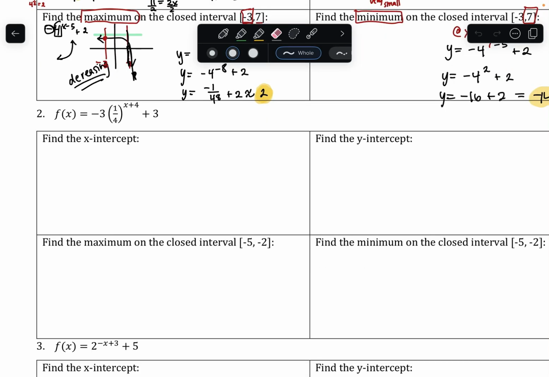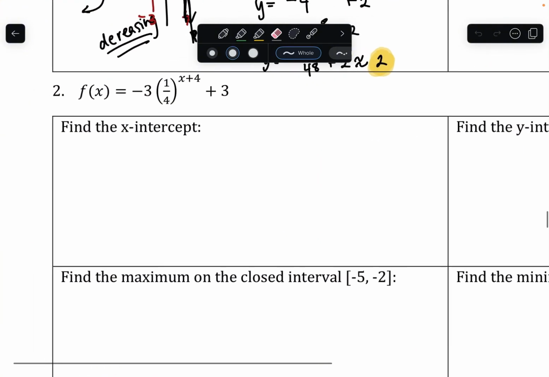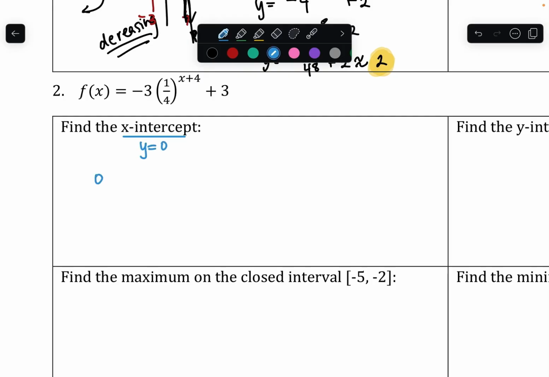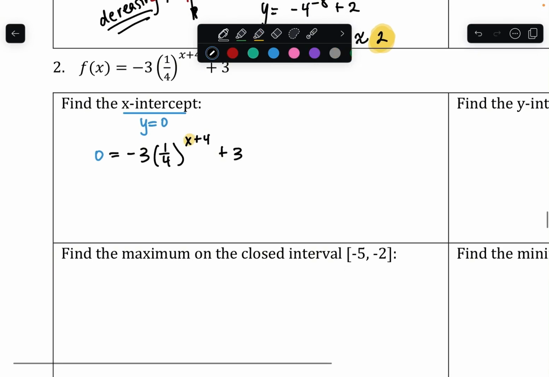All right, looking at this next example, to find the x-intercept, we plug in y equals 0, and we solve for the x. Okay, and so first we need to isolate the exponential expression.